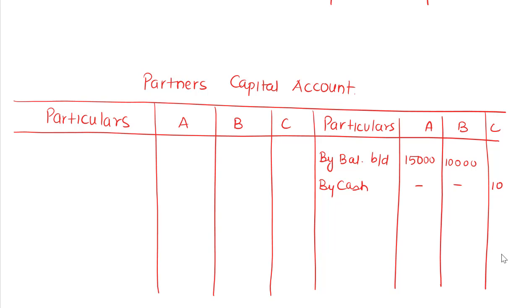By cash, capital brought in by C which is 10,000. By revaluation profit 1530 and 510.